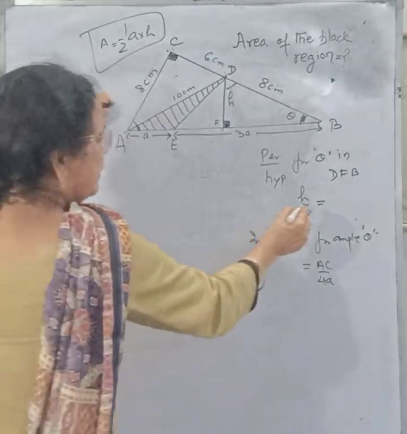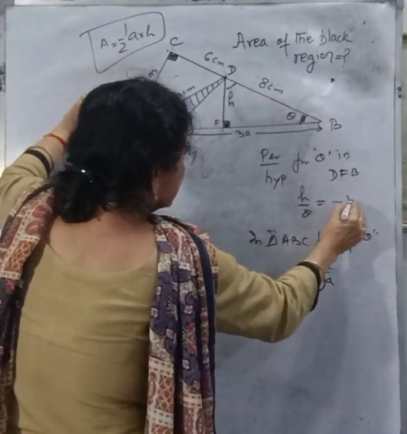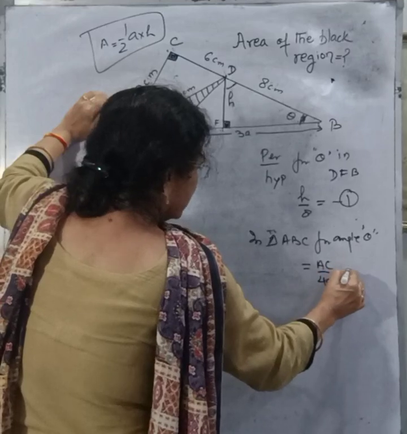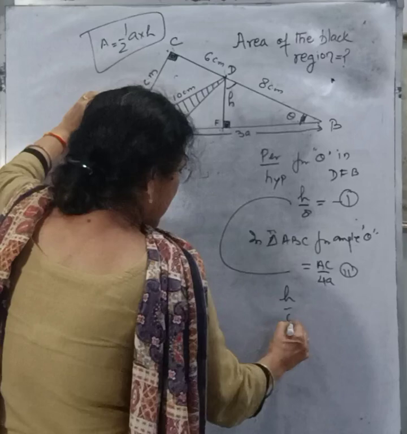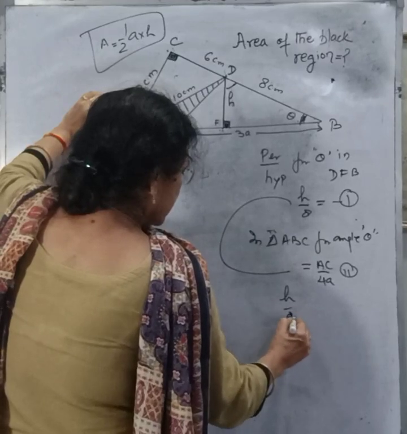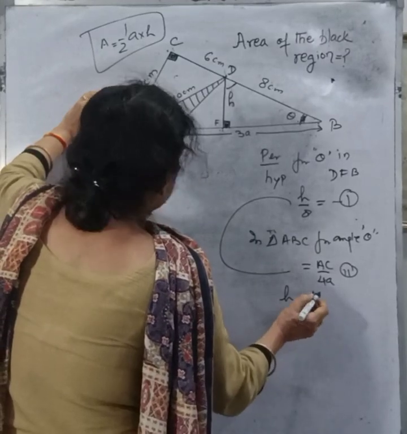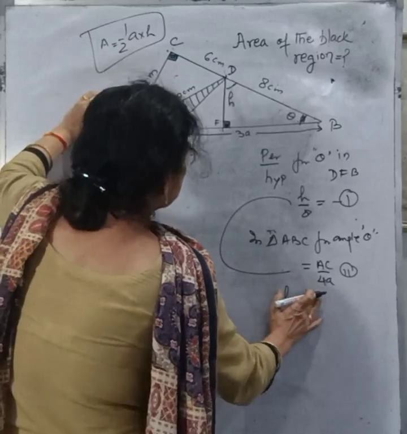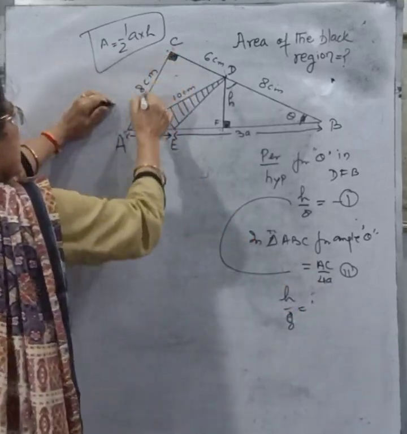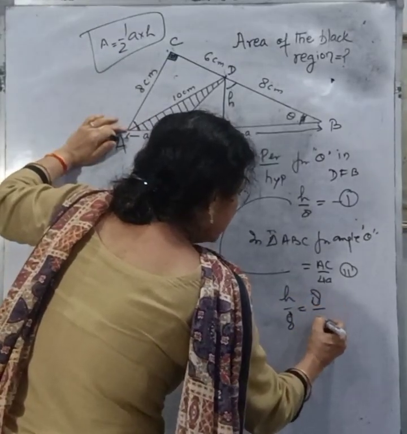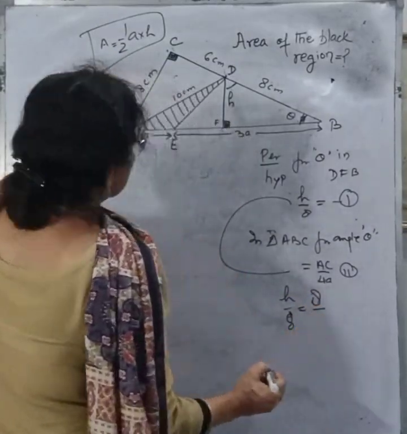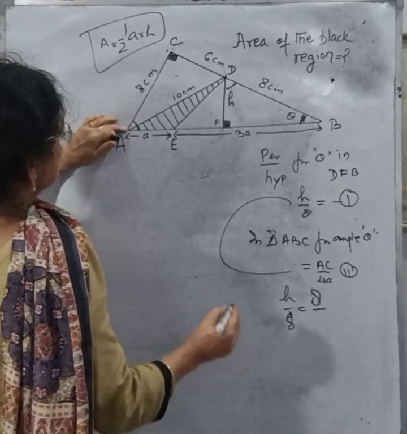They both will be equal to each other. The ratio of this will be equal. So we can put H upon 8 equal to AC. AC is equal to 8, already calculated by us, 8 upon 4A.